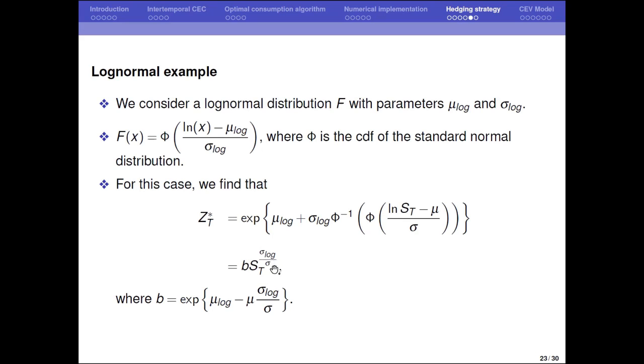The shape is the only important thing: it can be represented as a constant multiplied by S_T to the sigma log over sigma, where sigma is the Black-Scholes parameter and sigma log is the log-normal distribution parameter.